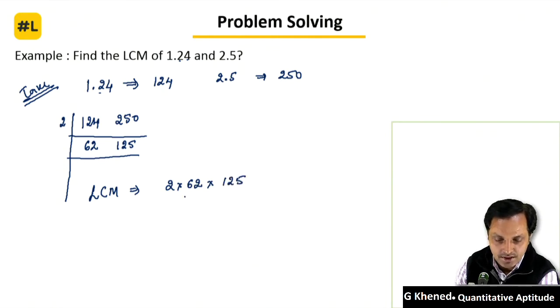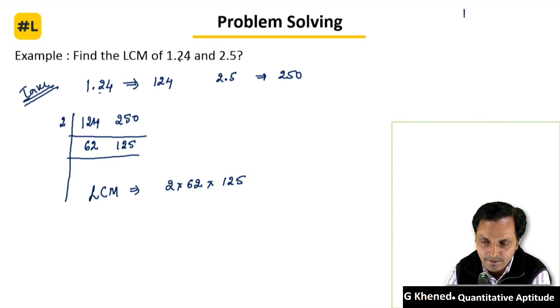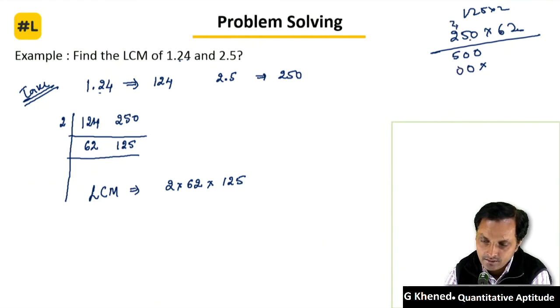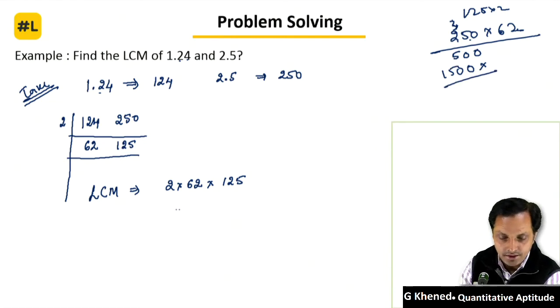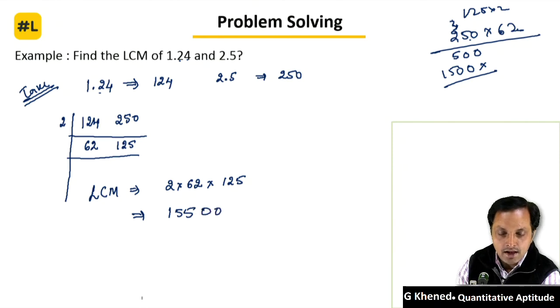How will you do this multiplication? 125 into 2 is 250, into 62, that is going to give you 15500.